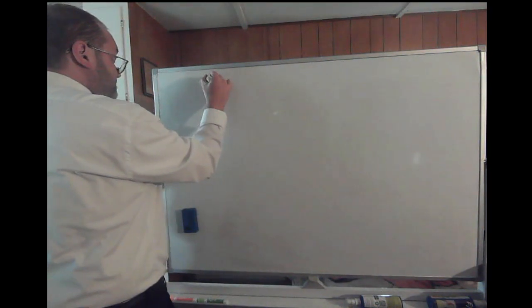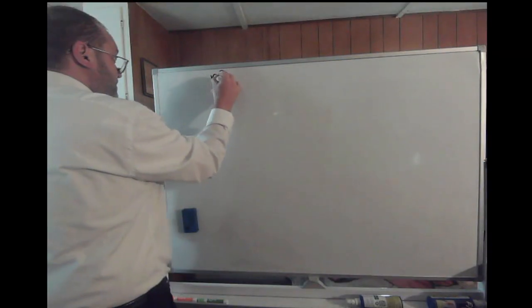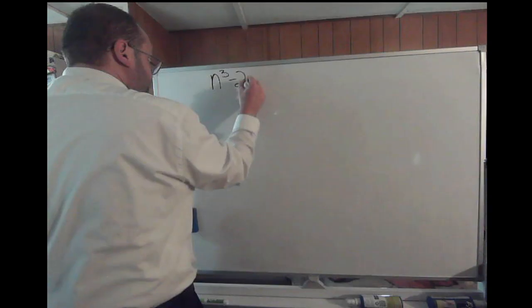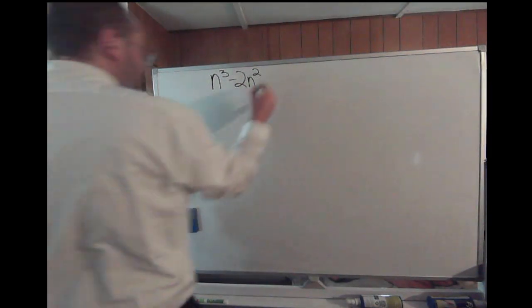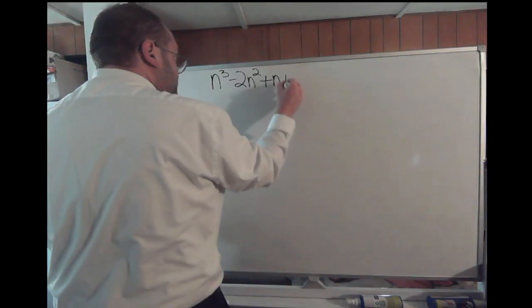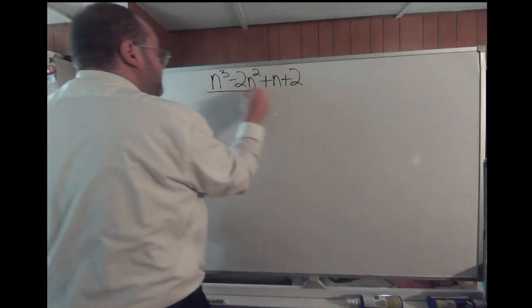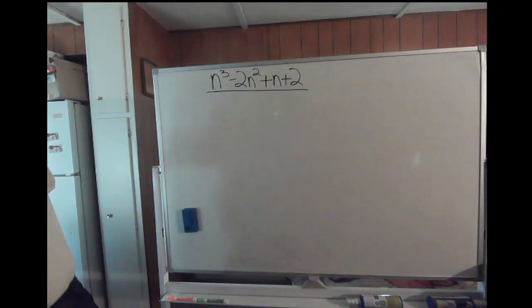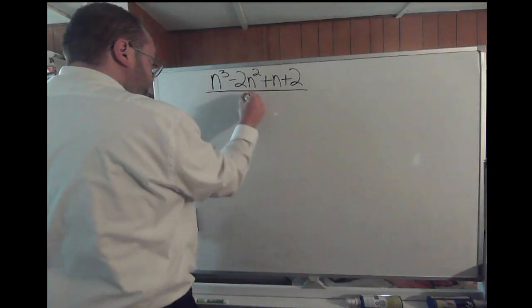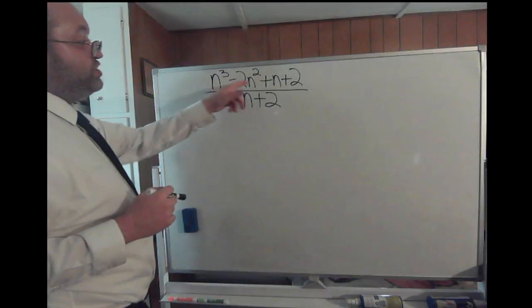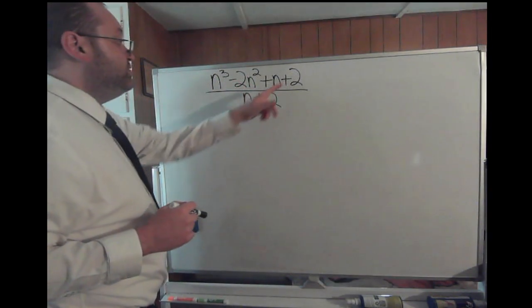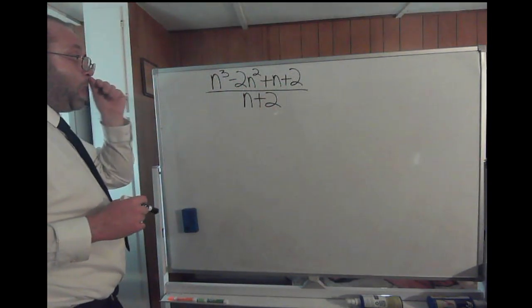Alright, what if I gave you something like this? You would have n to the third minus 2n to the second plus n plus 2, all divided by n plus 2.